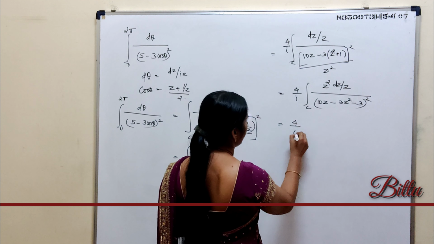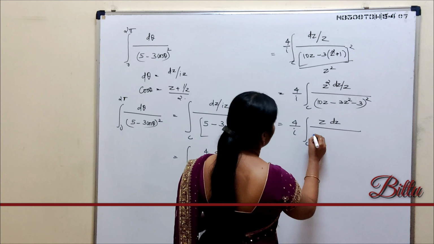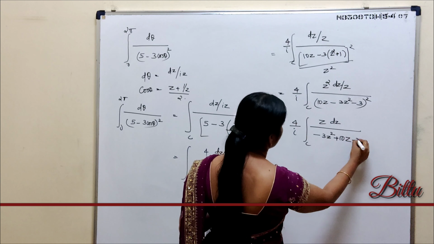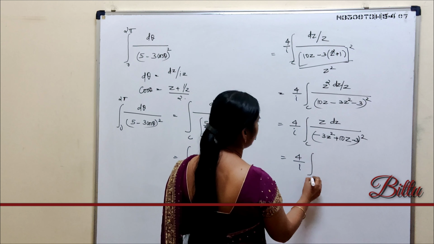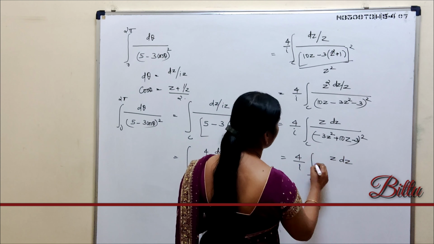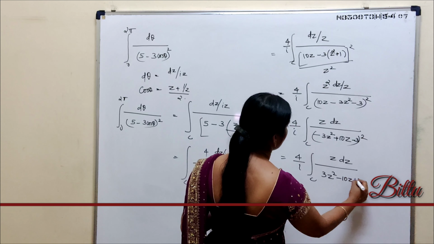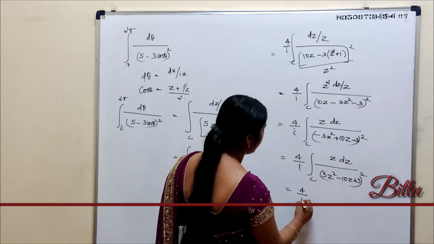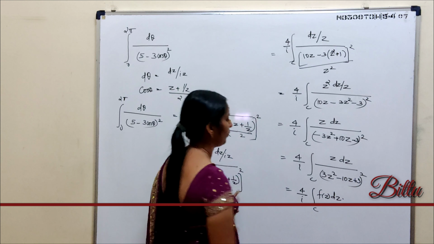It is 4 by i integral over C z dz by minus 3z square plus 10z minus 3 the whole square. It is 4 by i integral over C z dz by 3z square minus 10z plus 3 the whole square. Now see, this is in the form integral over C f(z) dz.